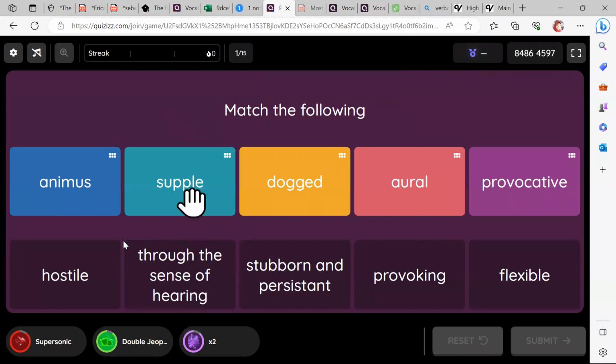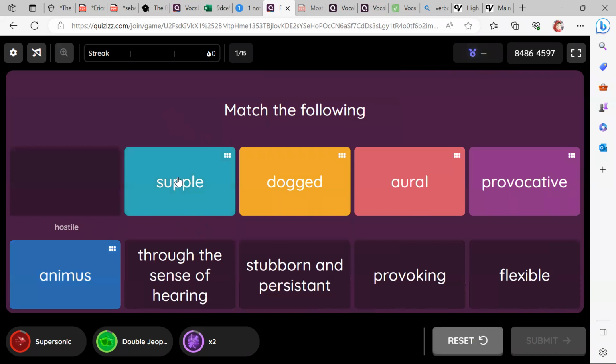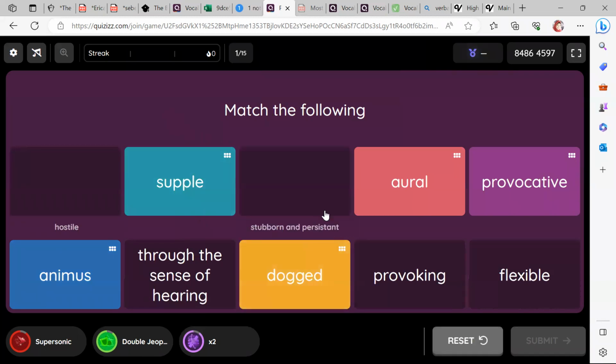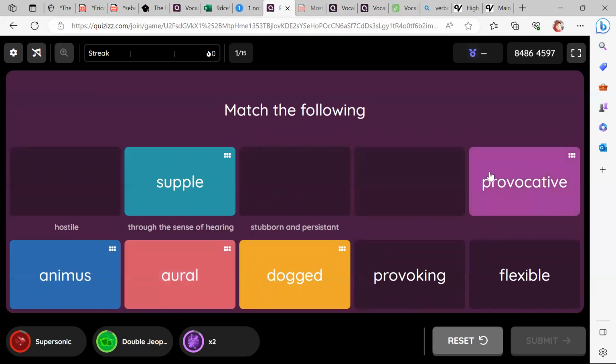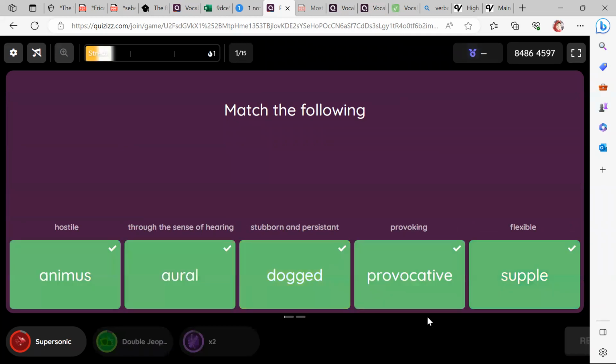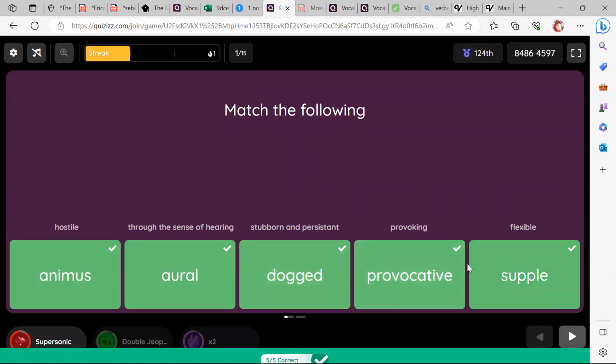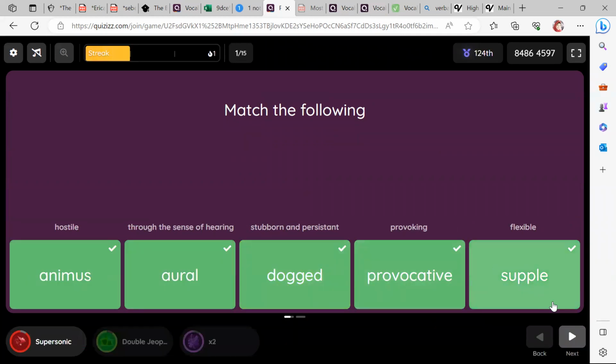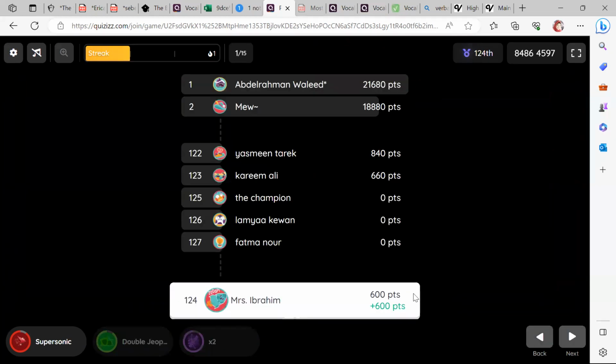Match the following, and here you have to match. Okay, for example, this one, and you can go and proceed. Here I got all of them right, and let me proceed.